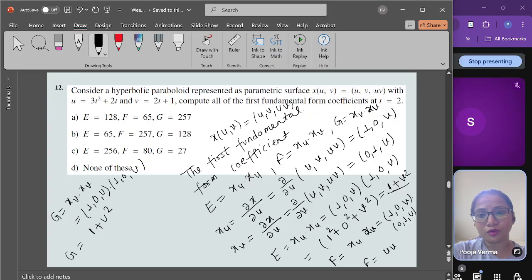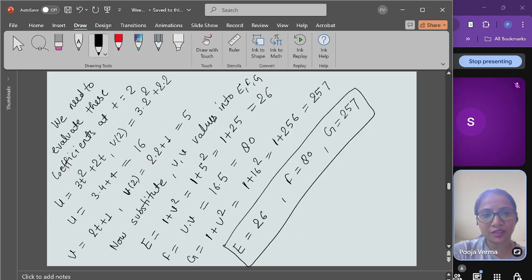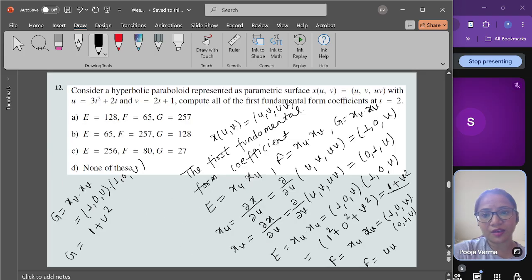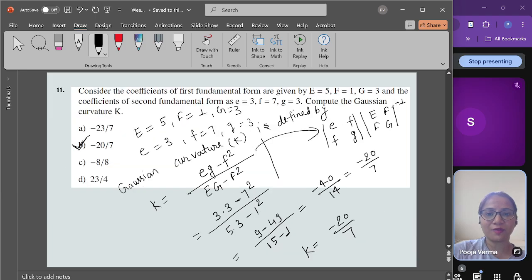Okay, basically no option is matching because G is not matching, I think. Yes. E is 26, F is 80 and G is 257. So option B is the correct answer, that is none of these answers. So this is how we are calculating the values of E, F and G, which is directly given in our previous question. Okay.